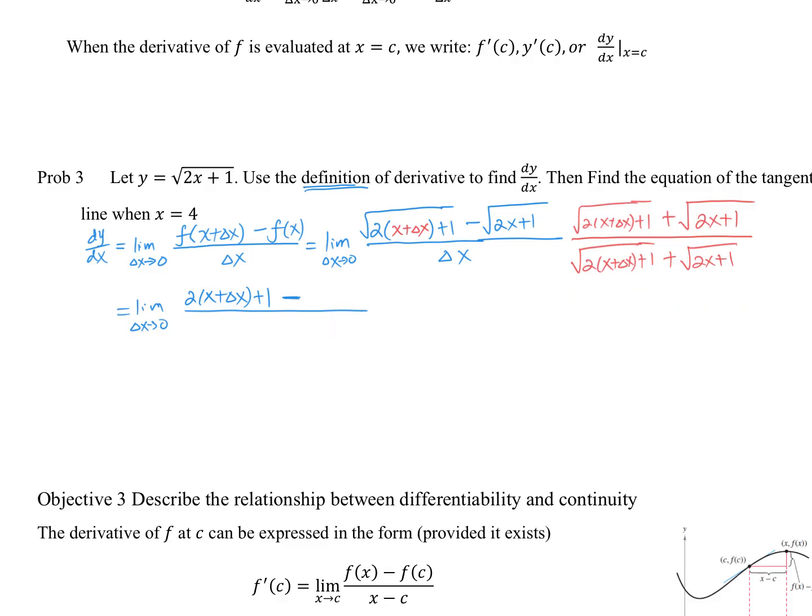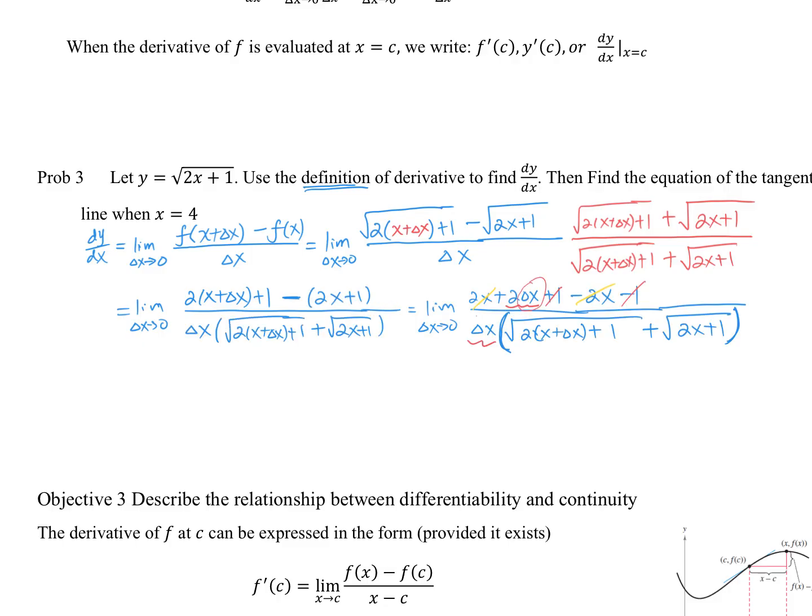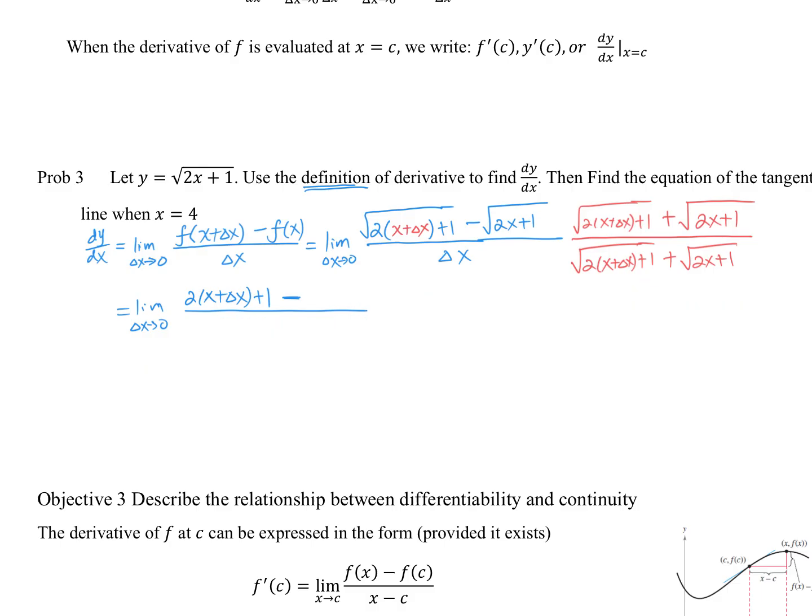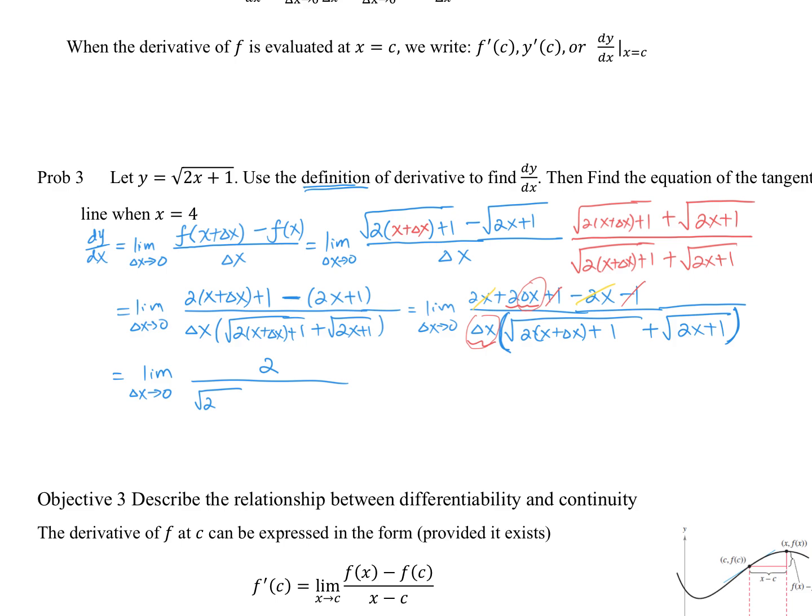And the bottom, we can see that this delta x and delta x can cancel, right? So let's cancel that as well. So therefore, eventually, this is what we have. The top, we have 2. And the bottom is just the sum of these two square roots. And then finally, let's plug in delta x equals 0.